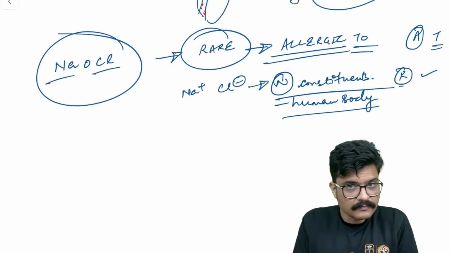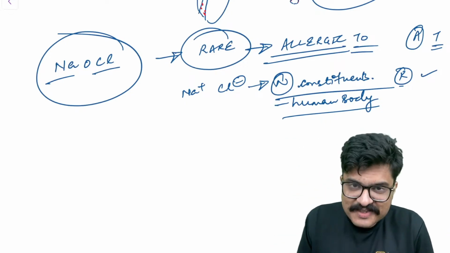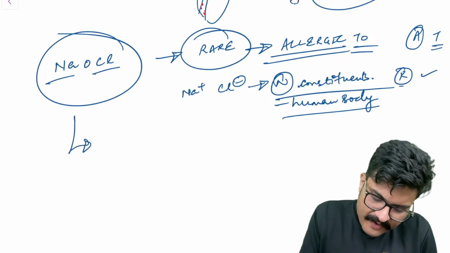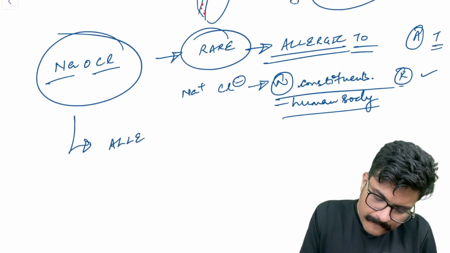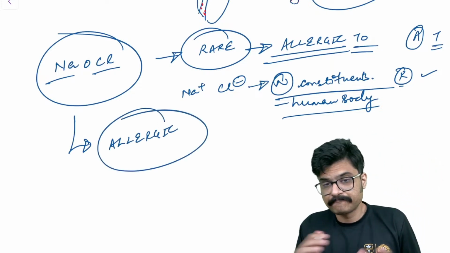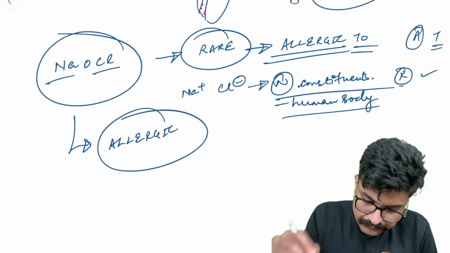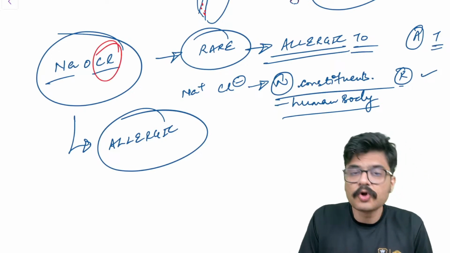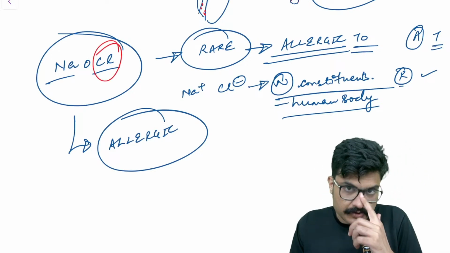However, it's rare, but biology is a science of exceptions. So whenever you have a patient who is allergic to sodium hypochlorite, then anything that contains chlorine should not be used.